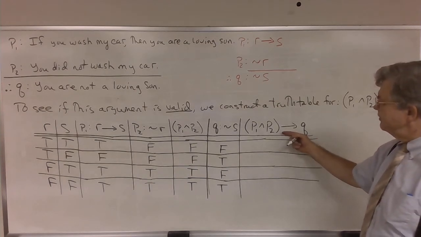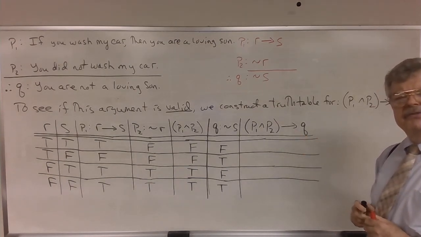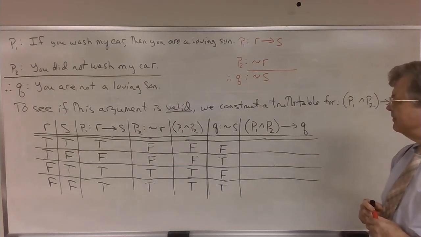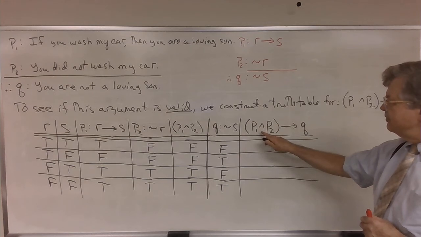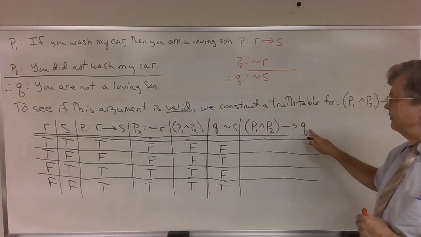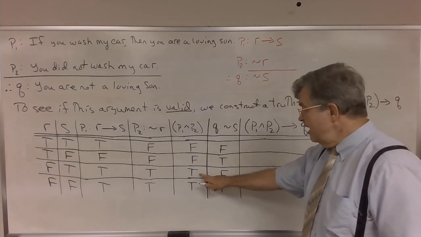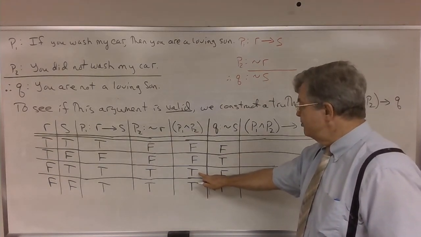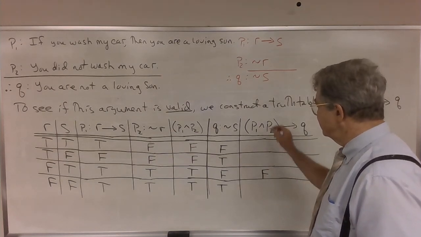It's an if-then statement. What's the special case for an if-then statement? It's only false when we have true implying false. Does that ever happen? It does. Here we have true implying false, so that's false.